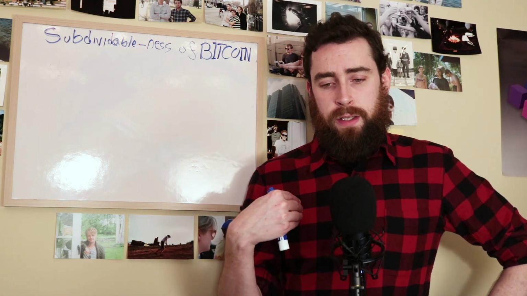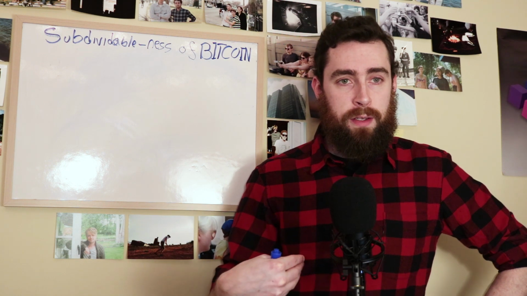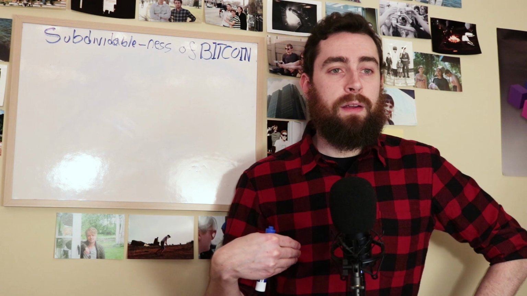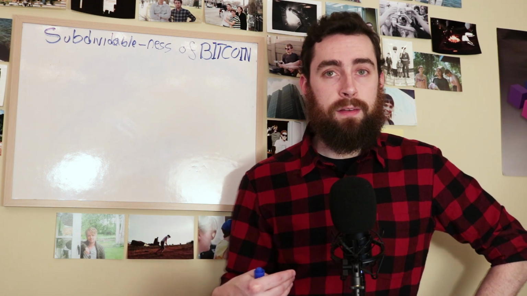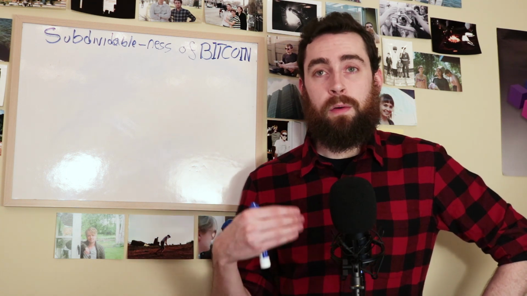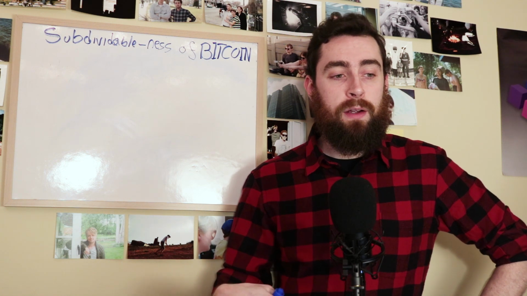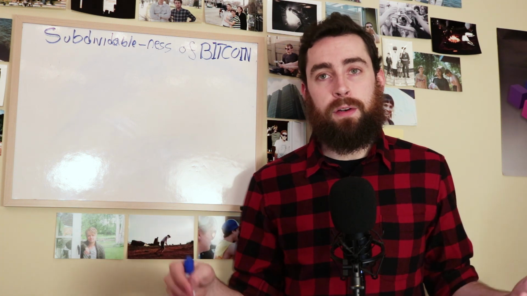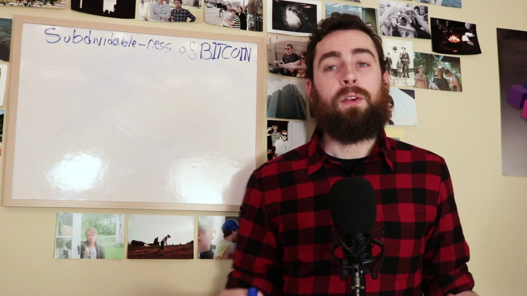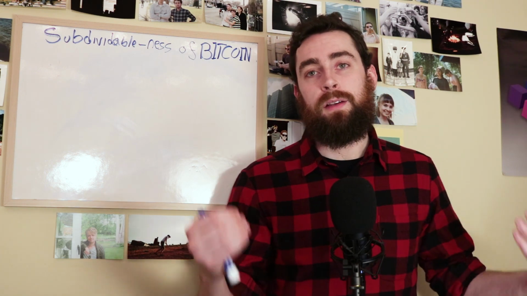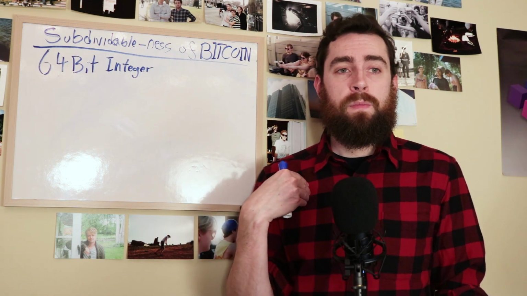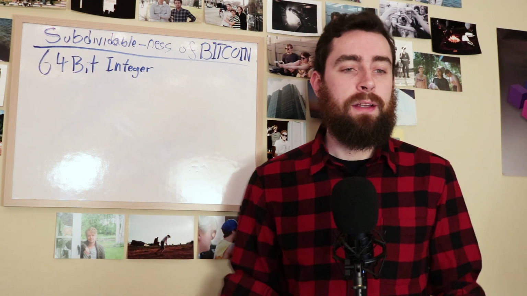In computer programming and in Bitcoin, because Bitcoin is a computer program, there are data types, and these data types are used to store values. And the value of the amount of Bitcoin in an address or in an output is stored as a 64-bit integer. So you may be asking me, what the hell is a 64-bit integer?